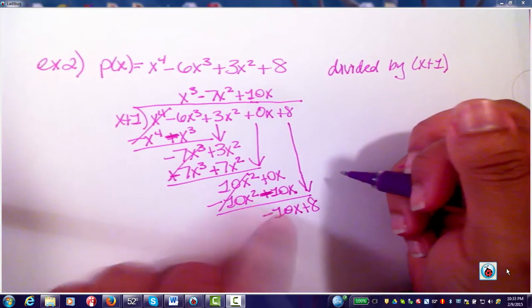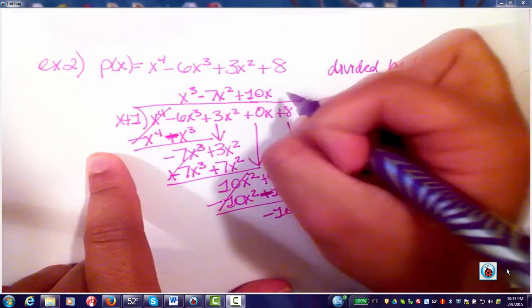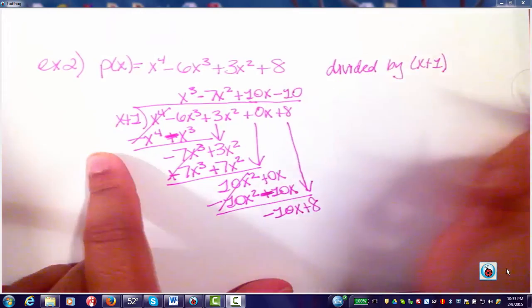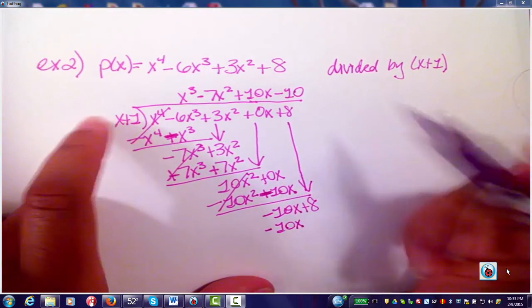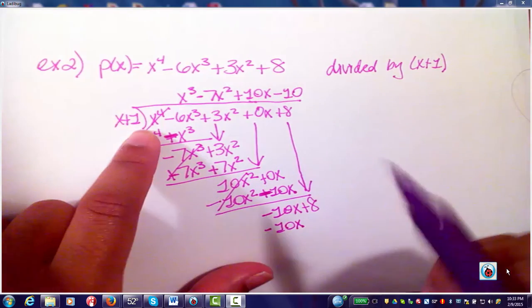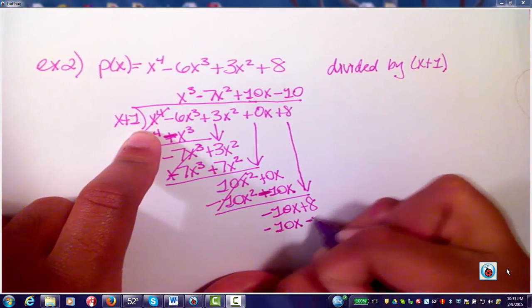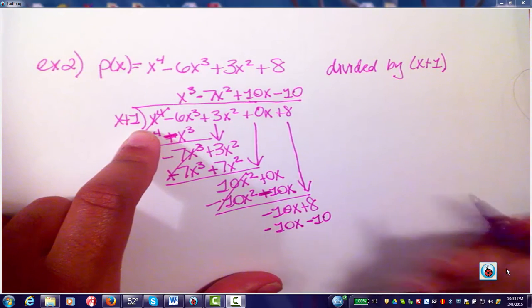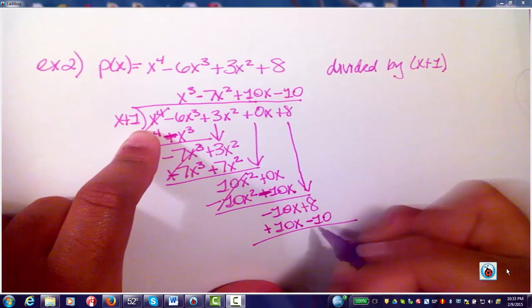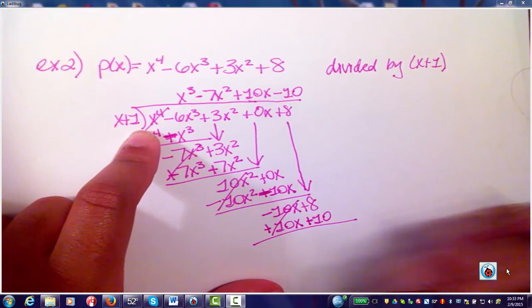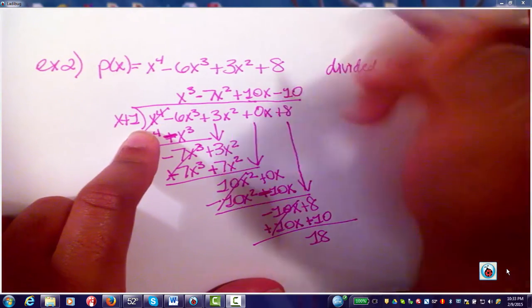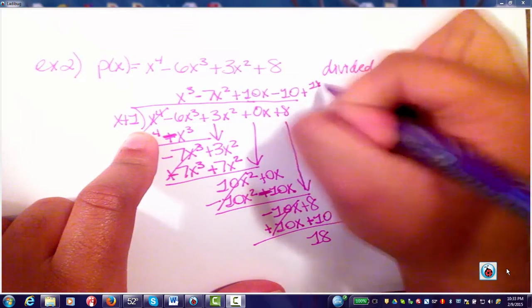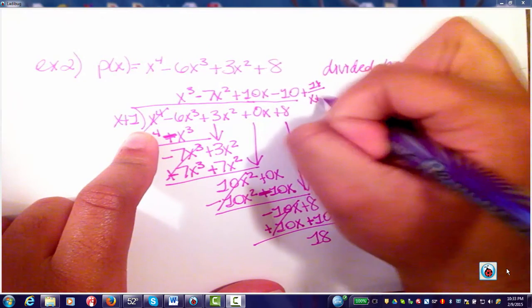Negative 10x divided by x is negative 10. Negative 10 times x is negative 10x. Negative 10 times 1 is negative 10. Then we draw our line, change both signs. These cancel, and we are left with 18. So our remainder is 18, so plus 18 over the quantity x plus 1.